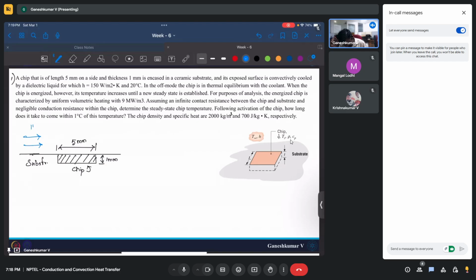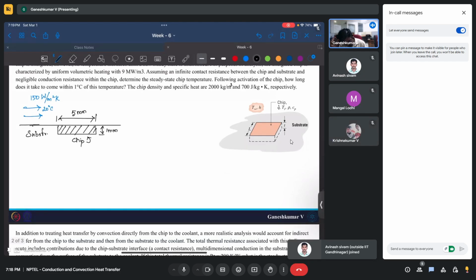This surface is exposed to fluid at h equal to 150 watt per meter square Kelvin, and the temperature is 20 degrees Celsius. Also given is q dot generation, which is 9 megawatt per meter cube, or 9 times 10 power 6 watt per meter cube.